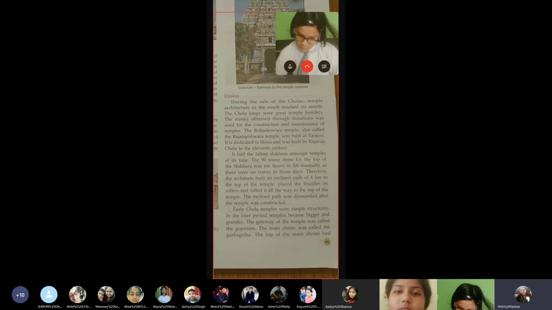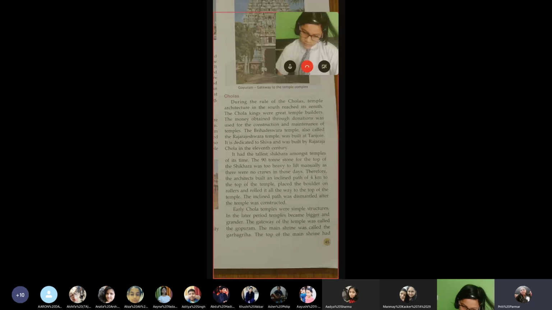So now listen to it. Since these temples were built out of huge rocks, they were rock cut temples. In those times, it was such a huge 90-ton structure. Nobody could carry it on top and build the shikhara. So an inclined path was made.